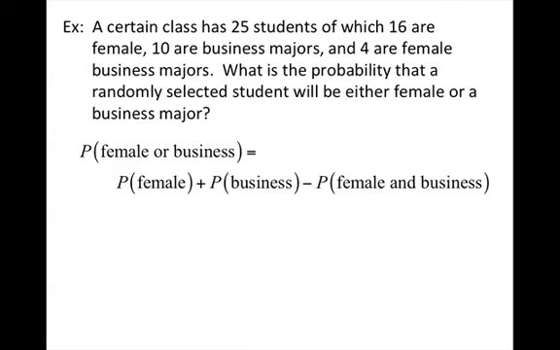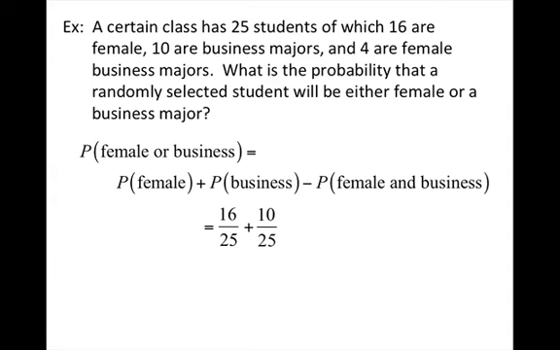Well, there are 16 females out of 25 students, so the probability of a female is 16 out of 25. There are 10 business majors out of 25 students, so plus 10 out of 25. And there were 4 that were both. There were 4 females that were business majors.